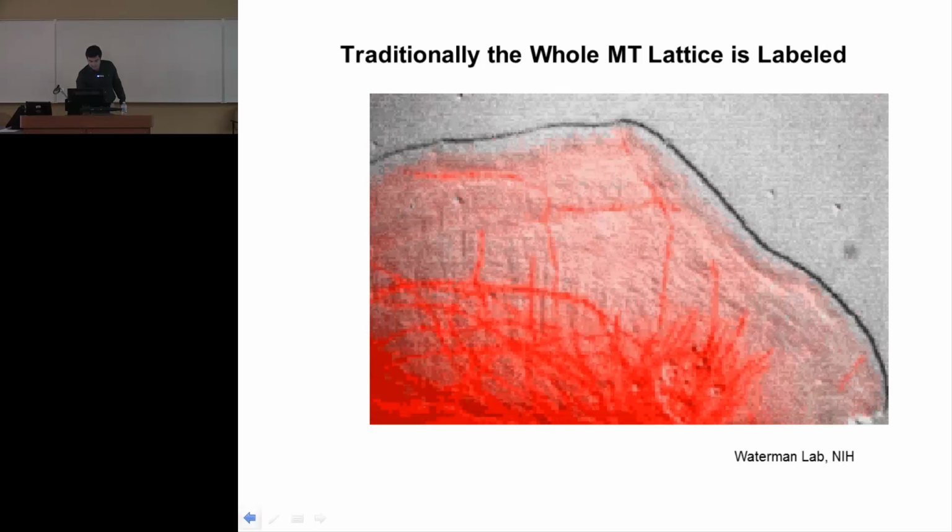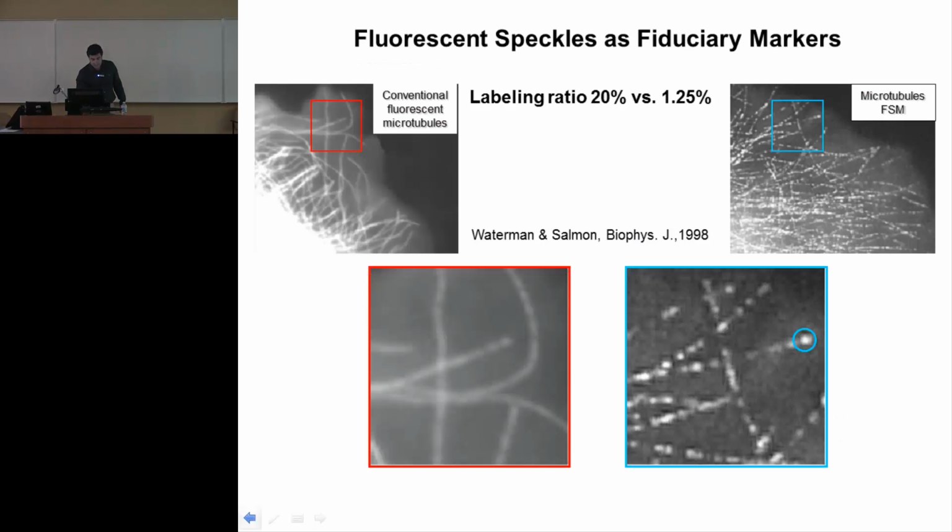The type of movies I have been working on are obtained by the fluorescent speckle microscopy technique. This technique was developed in the late 90s in the lab of Ted Salmon in North Carolina. It relies on a very low labeling ratio of the tubulin dimers.